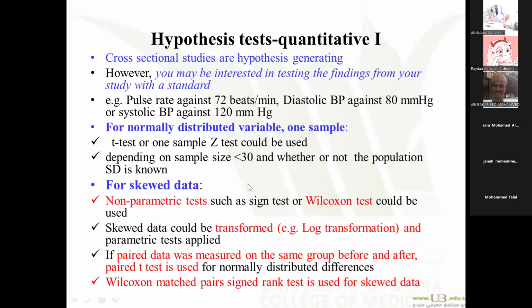Now, for data that is skewed, a non-parametric test, such as the Wilcoxon test, can be used.